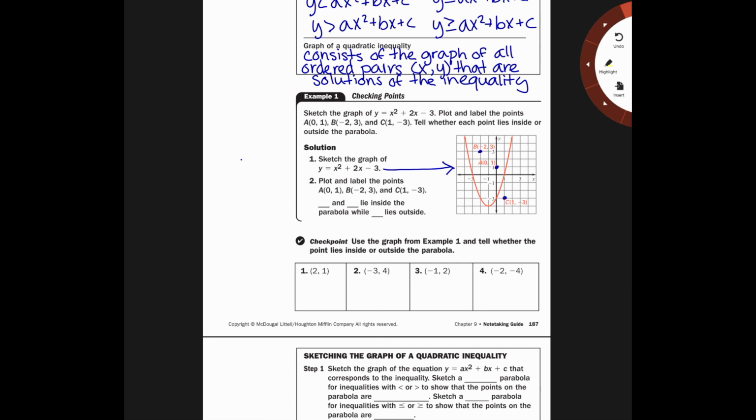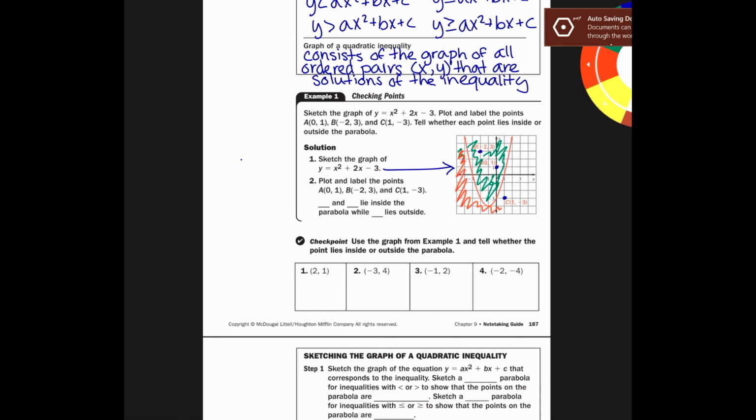Okay. So I want to see which two lie inside. So inside is this nice part. Okay, I'll color it with green, let's say. So this is the inside. Okay, it's the part in the U. It would be like the mouth of the smiley face. And I'll color the rest of it red.